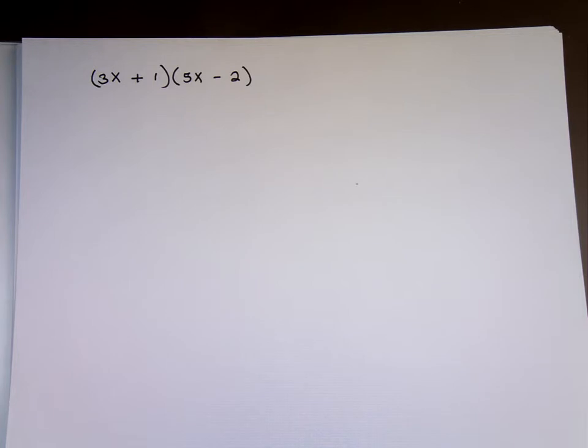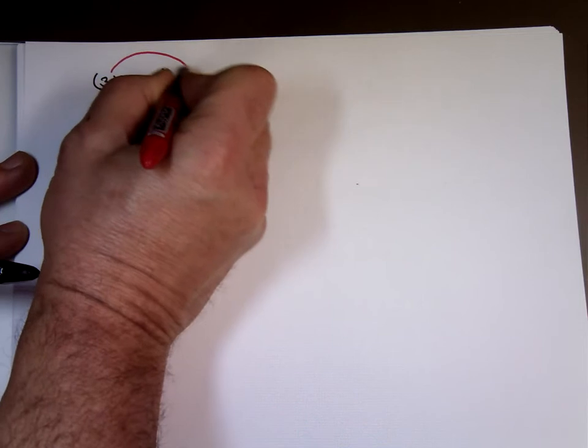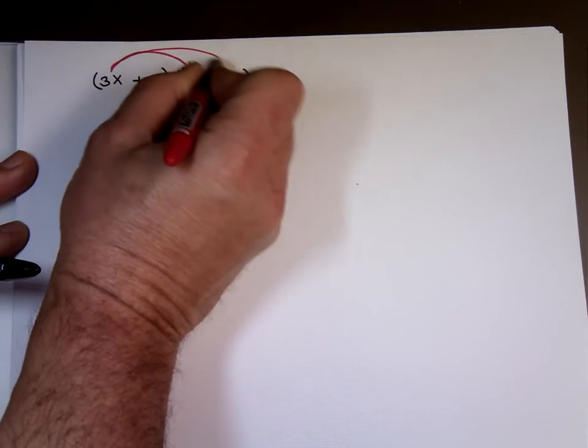What we're going to do in this case, grab the first one here, which is the 3x. Take the 3x multiplied by the 5x and multiplied by the negative 2.